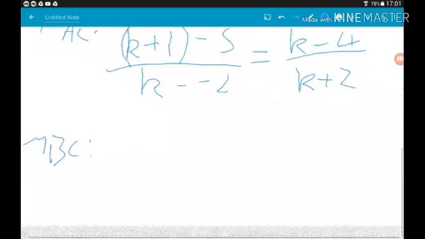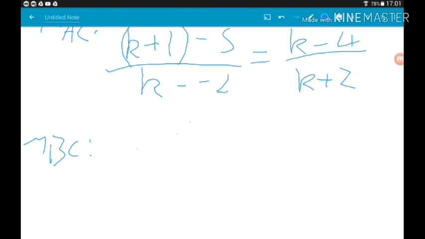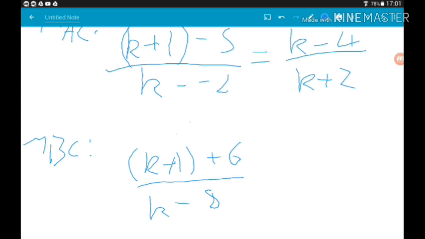So the gradient for BC is k plus 1 minus -6, so plus 6, over k minus 8. That simplifies to k plus 7 over k minus 8.